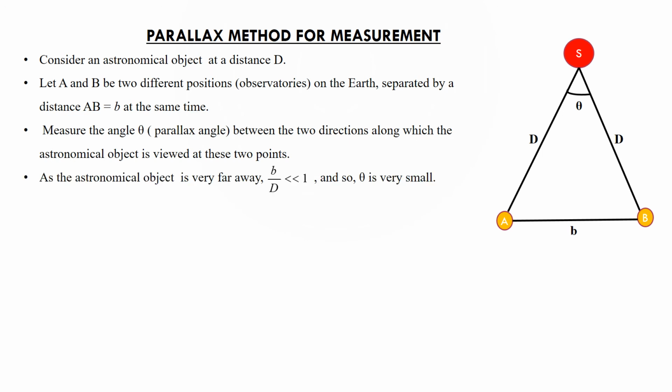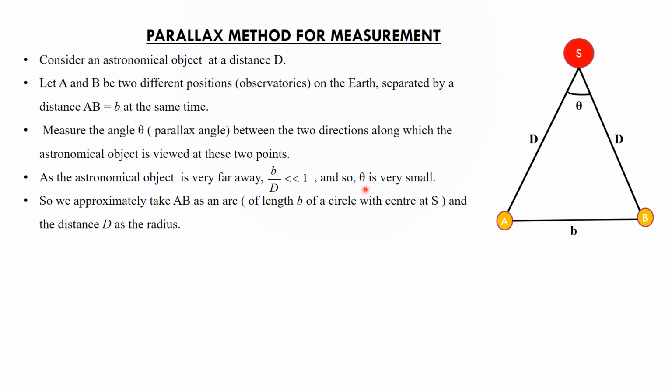Now as the astronomical object is very, very far away from us, b by D is very, very small, so theta is very, very small. So we take AB as an arc of length b of a circle with center S and radius capital D. Now we know angle is equal to arc by radius, so theta is equal to b by D, or distance D is equal to b by theta.